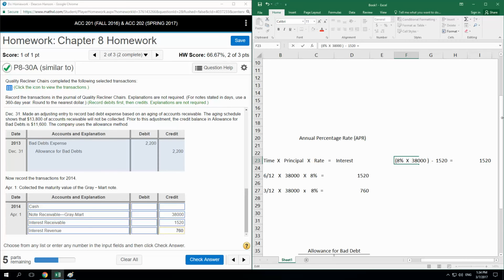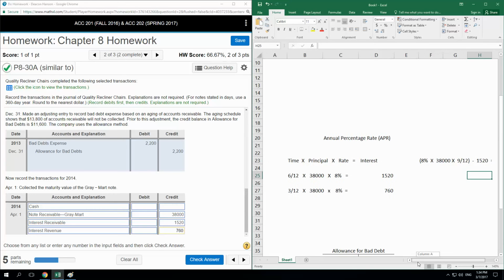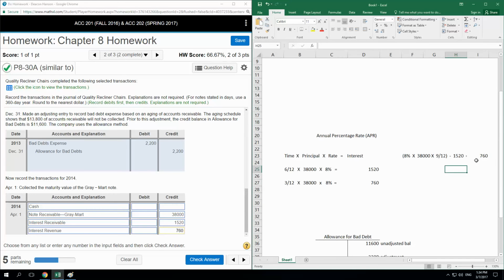We got to put in the time factor, right? So times 9 over 12 because it's 9 months, right? So if you do that, that should give you the 760. Okay. So you could do it that way, or you could just go ahead and compute the last 3 months of it. Time is a very important thing you got to pay attention to.